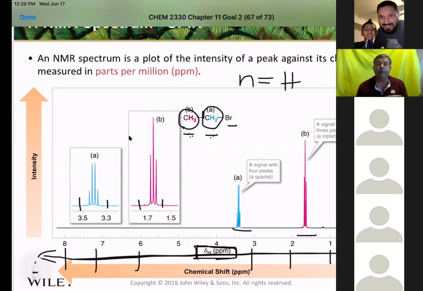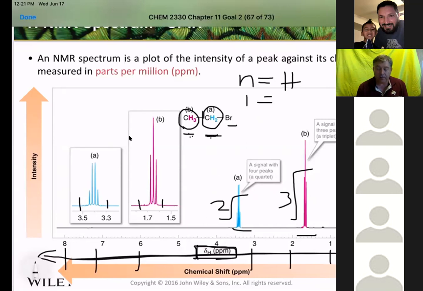The next thing we have is I, intensity. If we mathematically took the total area under these curves, the value of this peak would equal 2, and the value of this peak would equal 3. Why?